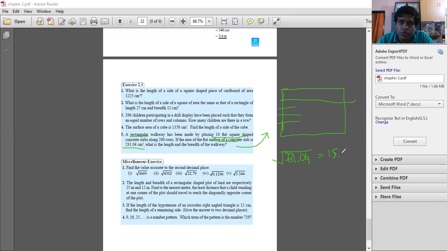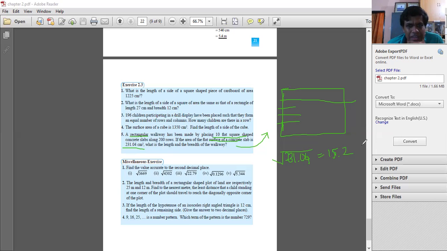So 15.2 will be the length of the concrete slab.